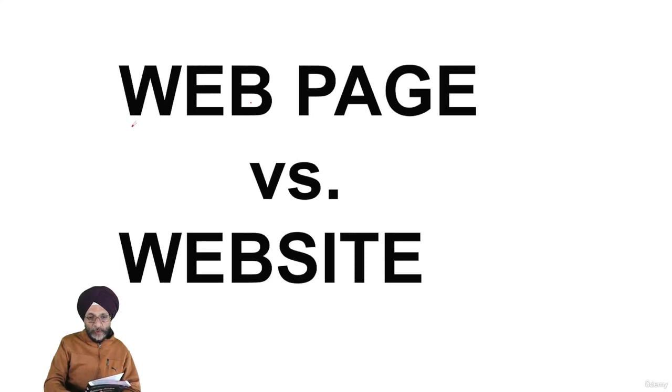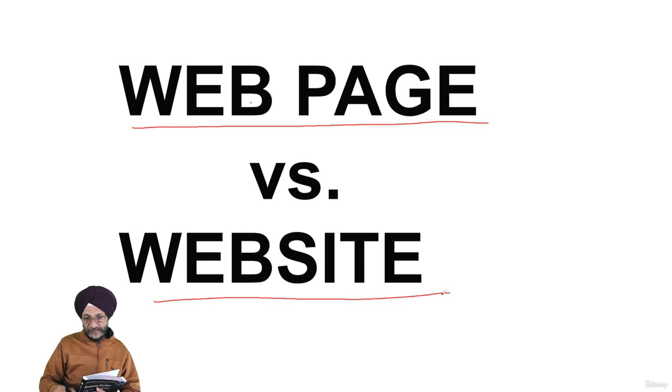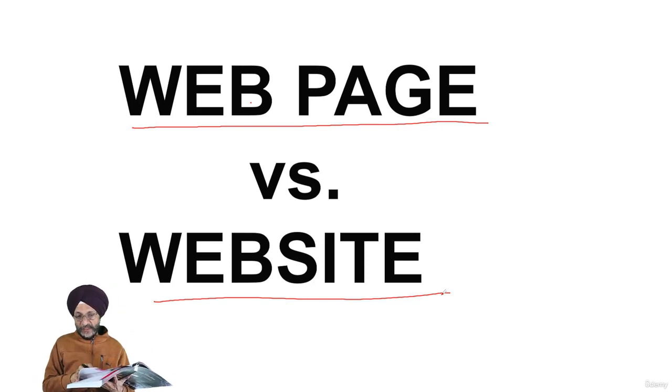Now the topic before us is web page versus website. For the purpose of simplicity, we can compare a book with a website. As we can see, any book has many pages and any page we can open on our book.